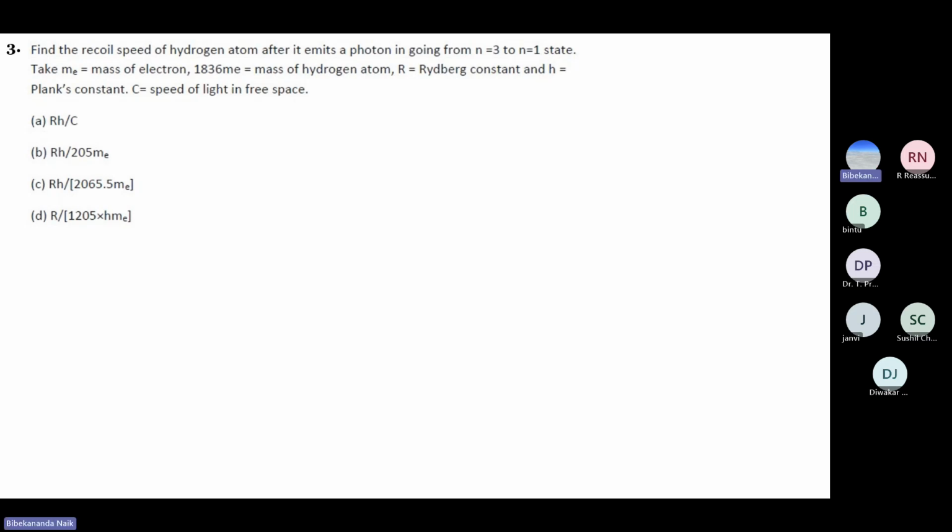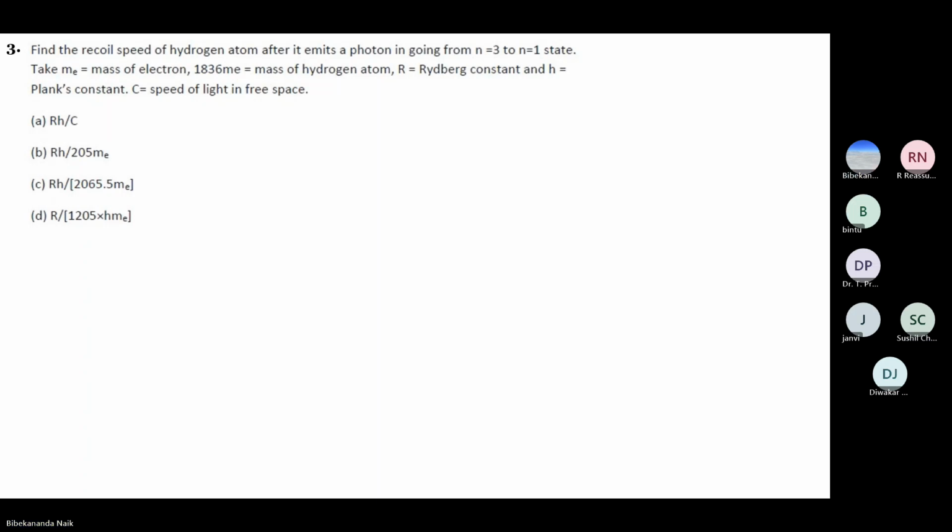Here is how we will approach the question. In order to find the recoil speed of the hydrogen atom, we need to consider the conservation of energy. When the transition is occurring from n equal to 3 to n equal to 1 state, there is a change in energy, and that energy is equivalent to the energy of the photon emitted.